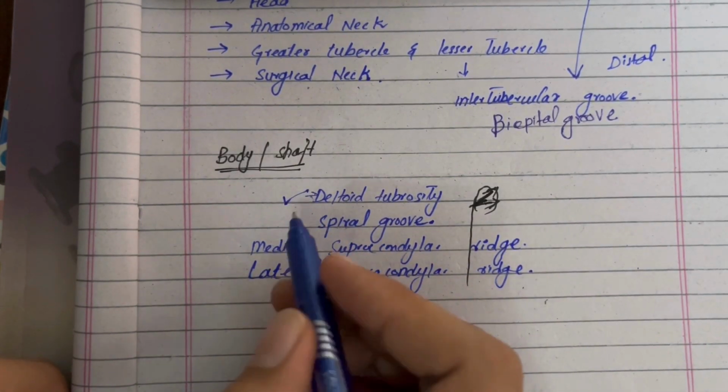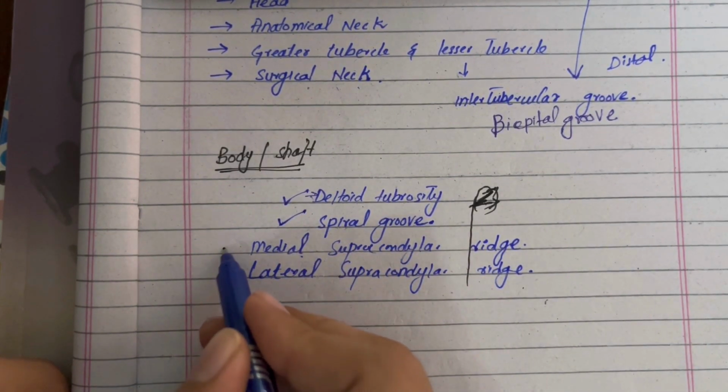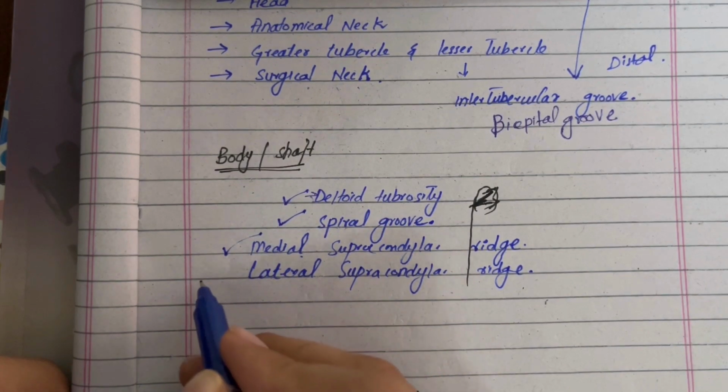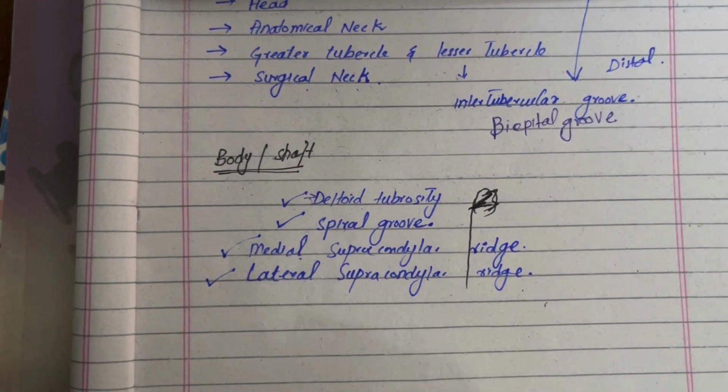Deltoid tuberosity, spiral groove, medial supracondylar ridge, and lateral supracondylar ridge.